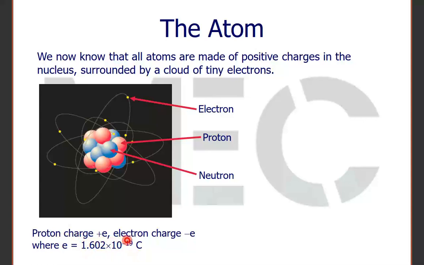So electron charge is negative e, proton charge is positive e, so they cancel out each other. In a neutral atom, we have the same amount of protons and electrons, so they cancel out each other electrically. With respect to charge, a neutral atom has no net charge.